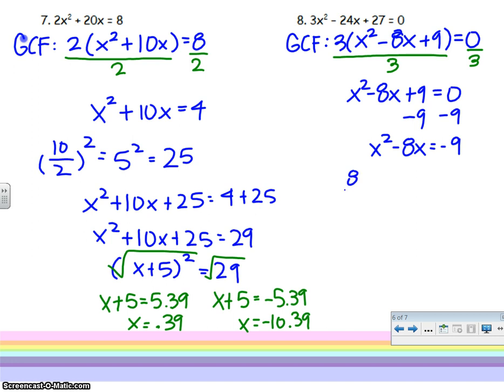So we'll go ahead and we will complete the square from here. So we're going to divide negative 8 by 2, which will be negative 4 squared, which will be 16. Gosh, you're missing a negative sign there by the 8 and the 4. Oh, yeah. So we have x squared minus 8x plus 16 equals negative 9 plus 16.